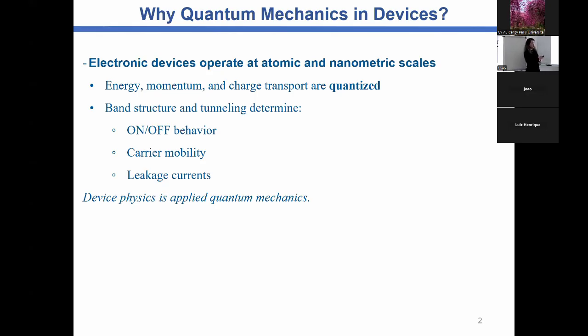The main reasons behind that you will see at the end of this course today: the bonding structure will be determined through quantum mechanics modeling, and everything that we do in device physics is applying quantum mechanics to it.